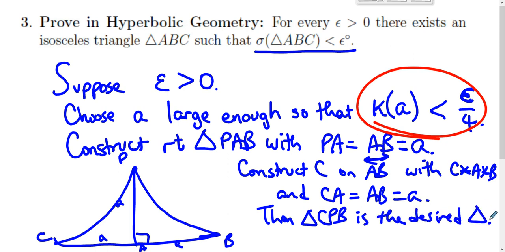It's isosceles, and the sum of the angles is less than epsilon, because this angle measure is less than epsilon over 4, and this angle measure is less than epsilon over 4, and this angle measure is less than epsilon over 4 plus epsilon over 4. And so we add them all together, and we get a sum that's less than epsilon.